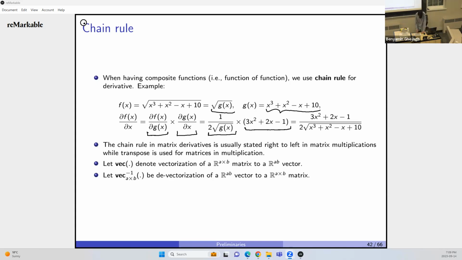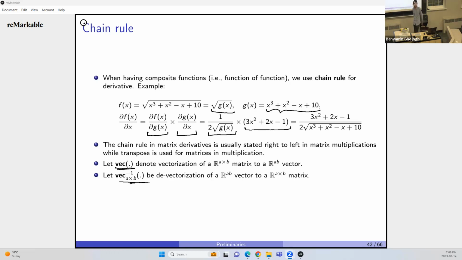Just for interested students, I'm not going into this detail. When we have derivatives of a matrix with respect to a matrix, or a vector with respect to a matrix, we will deal with tensors, right? Working with tensors in linear algebra and matrix multiplication is hard, right?